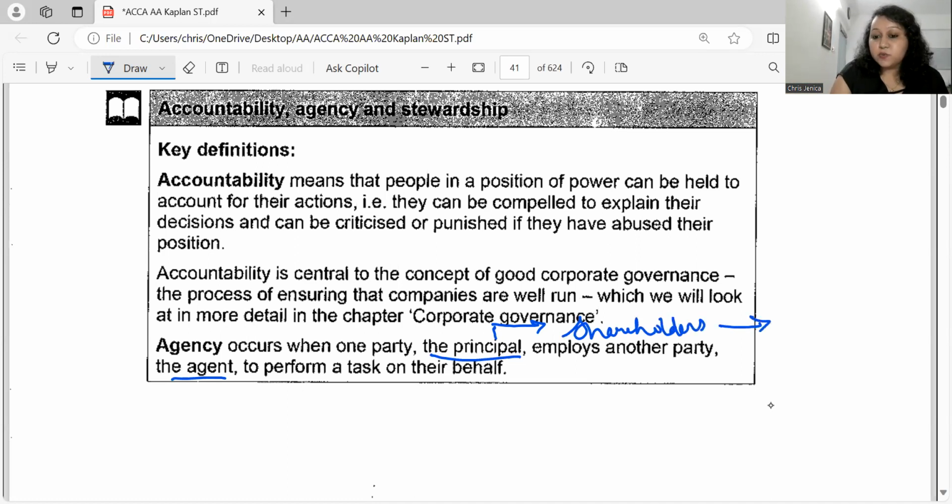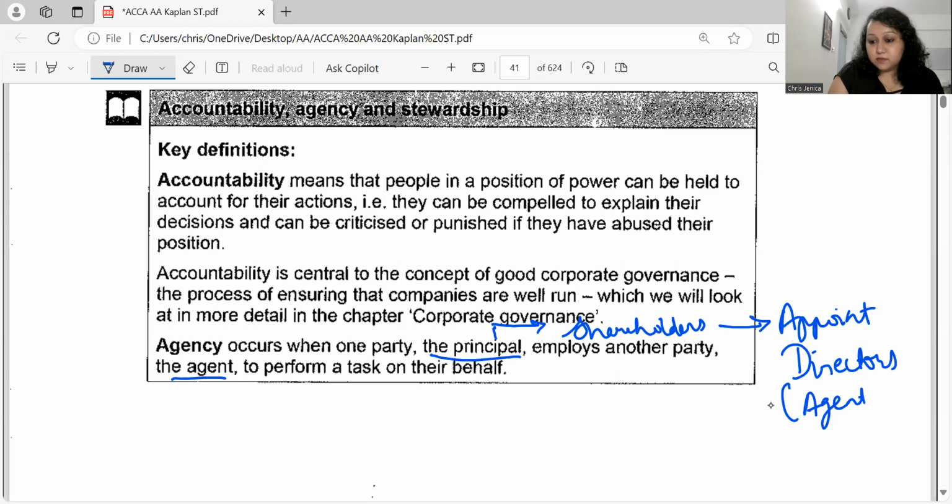They are going to appoint directors in order to run the company. So these directors will be called the agents, who run the company on behalf of the shareholders. This is called agency.